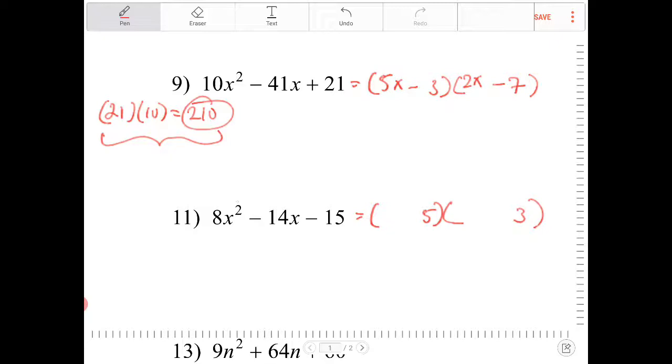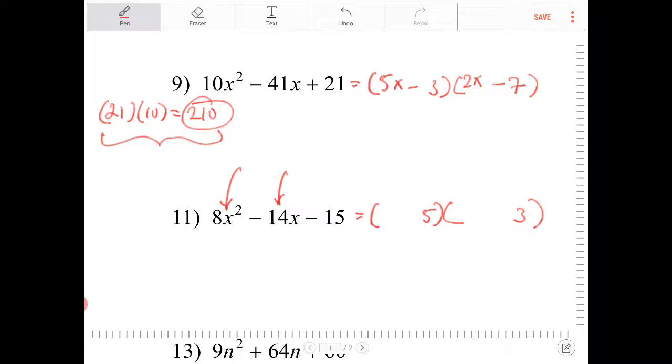And then I have this 8x squared happening here. And I want the middle number to also be negative 14, which means the number that I multiply by negative should be more powerful, like it should be overpowering the positive. So what numbers do I have to do that? I want the number in the middle to be 14.